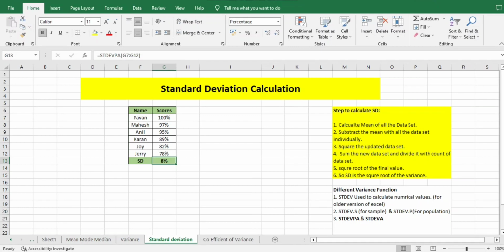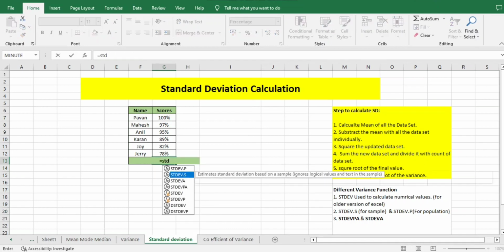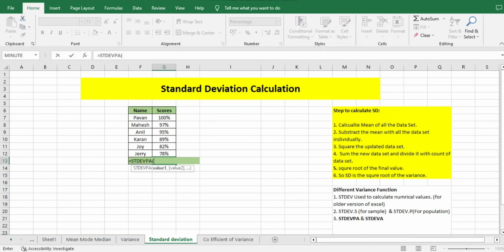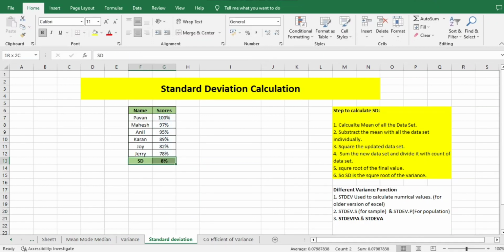On the basis of that we will use it. So here I'm using the function STDEVPA, equal to STDEVPA, and I will select the sample, and directly I will get my answer, that is the standard deviation is 8%.